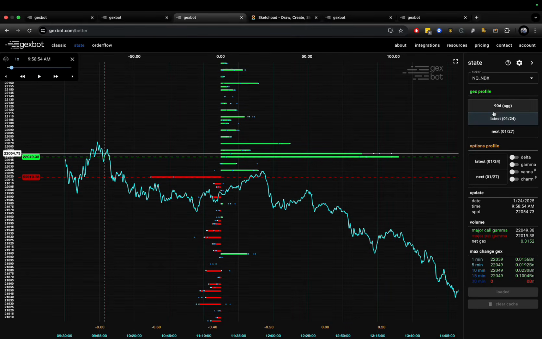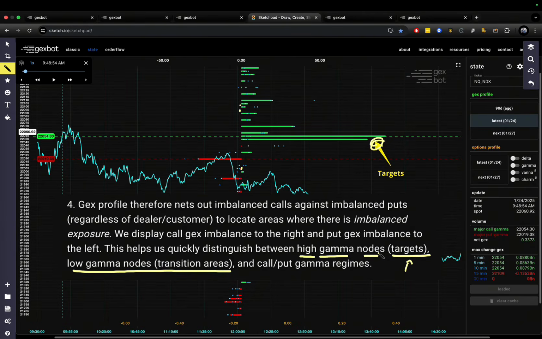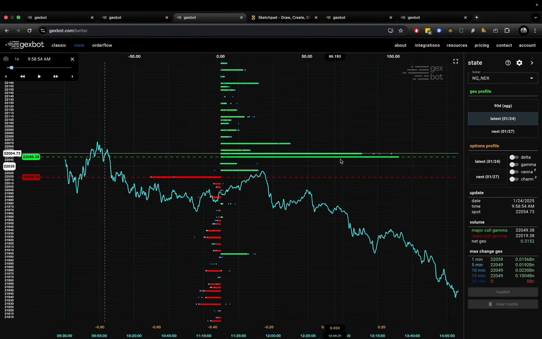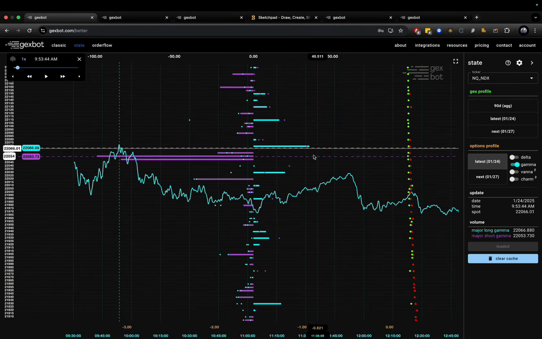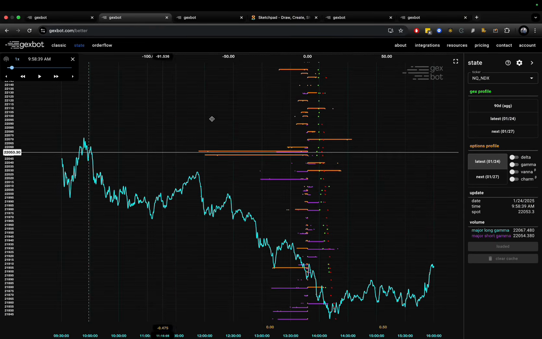And on top of that, we have the GEX profile, which is telling me high gamma nodes become targets. So the market came from below to the target, found some resistance in the excess of gamma, and on top of that we have a selling of calls which is bearish in nature.